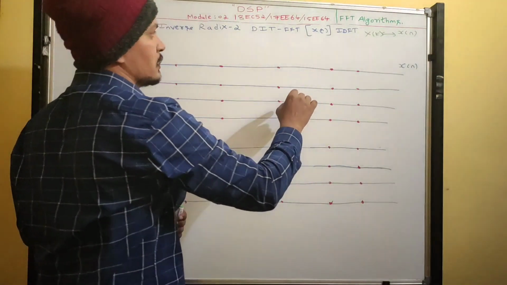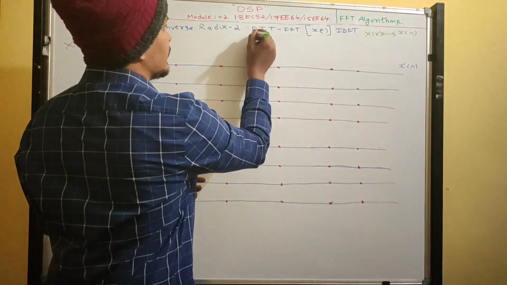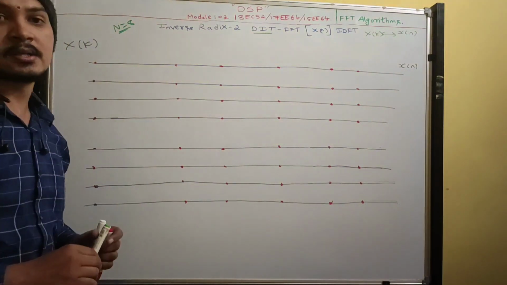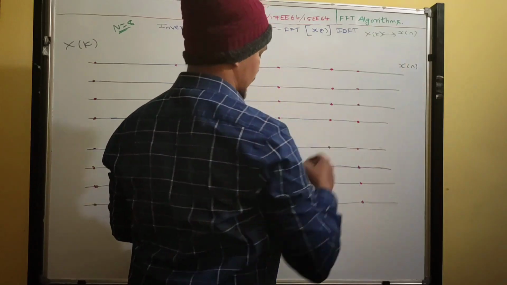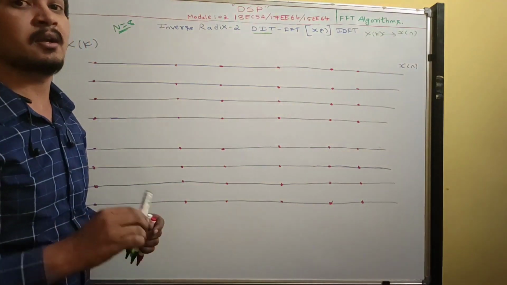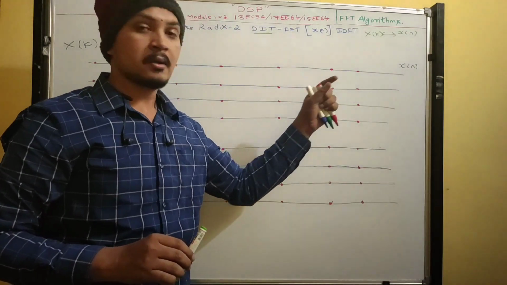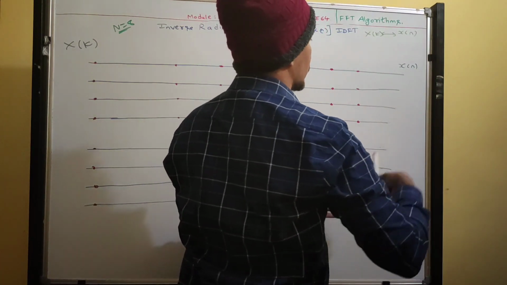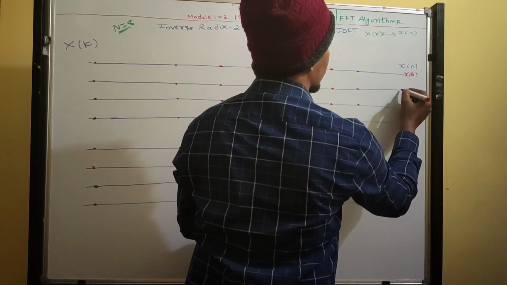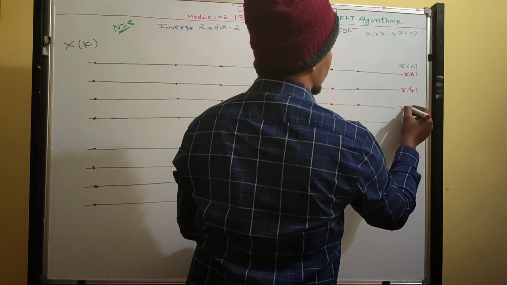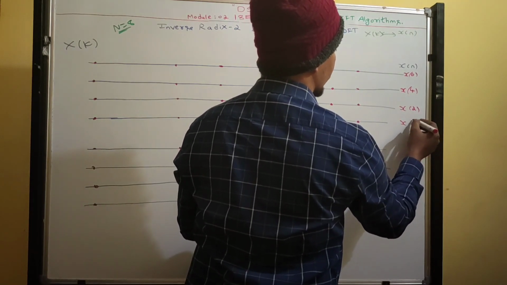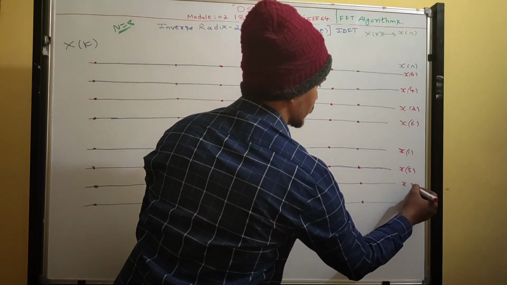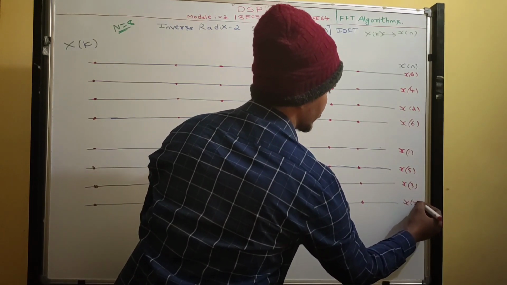Now IDFT. What is the concept we are learning now? Decimation in time. What I said, x of n is time and x of k is frequency. So since x of n is time domain, and here it is decimation in time, you should write x of n in bit reversal order. So how to write in bit reversal order? x of 0, then x of 4, x of 2, x of 6, x of 1, x of 5, x of 3 and x of 7.